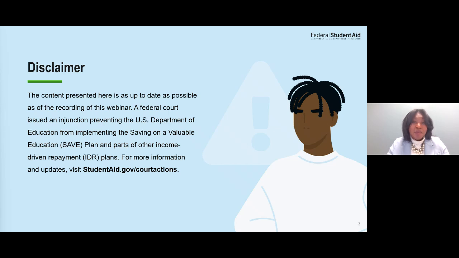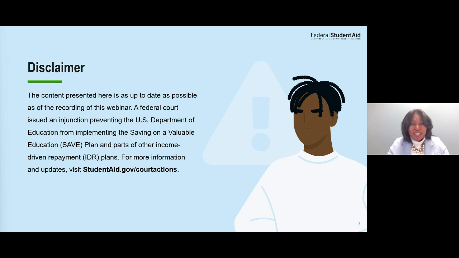If you have submitted an IDR application for recertification and it was processed, there is nothing that you need to do. However, if you somehow missed a deadline or the application was not available during the time of your recertification deadline, then we ask that you please reapply using the IDR application, once again, that you can find at StudentAid.gov/IDR.